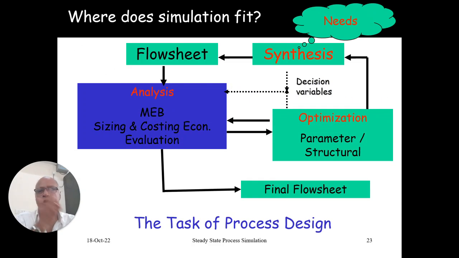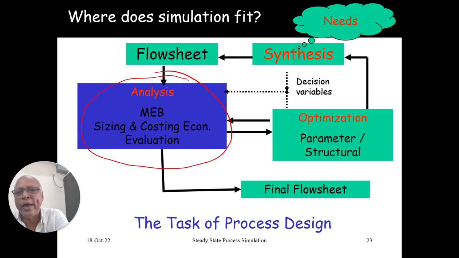Now we have seen what is simulation, what are the advantages of using process simulation, and where we are going to make use of it. As I said, I may not go into the details. This is the place where we may be looking at process simulation: perform mass and energy balances, design and cost estimation with an objective of optimization.